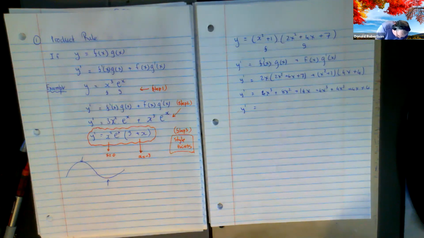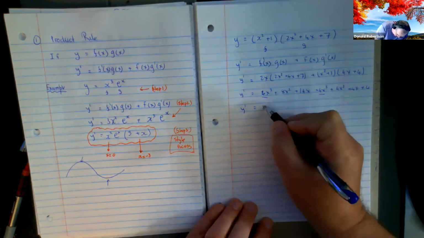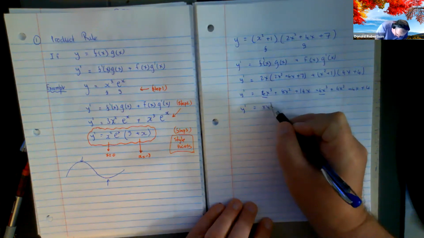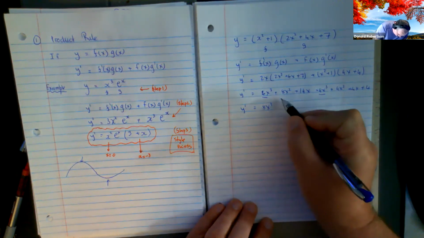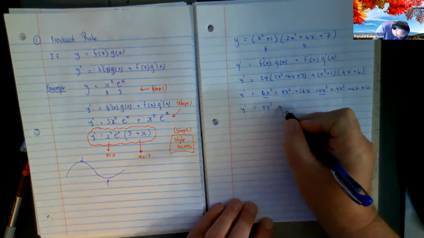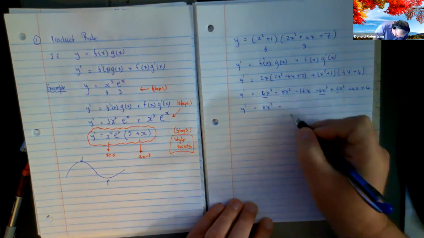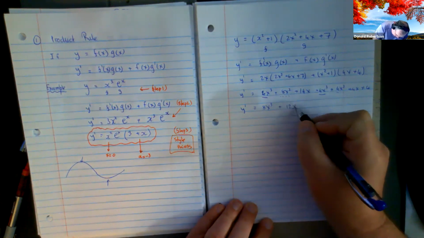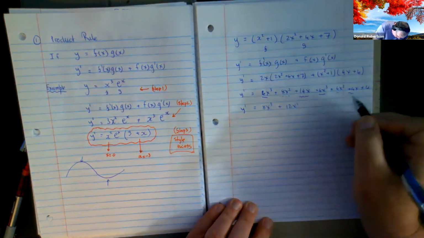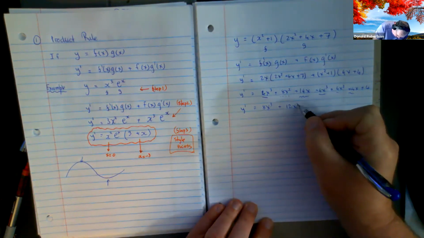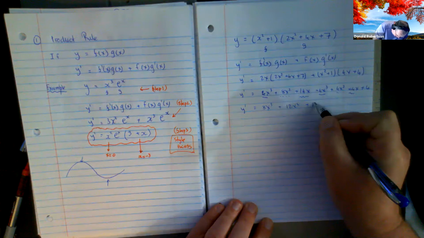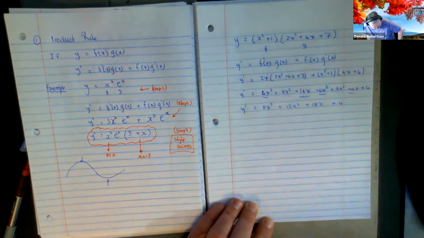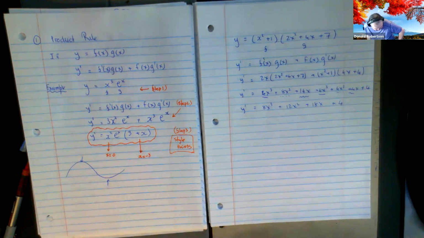I got these 2 guys, and that's 8x cubed. I got this guy and this guy, so it's going to be 12x squared. We've got this fella and this fella, so it's going to get me 18x, and then add 4. Yeah, that's pretty much the end of the line for that.